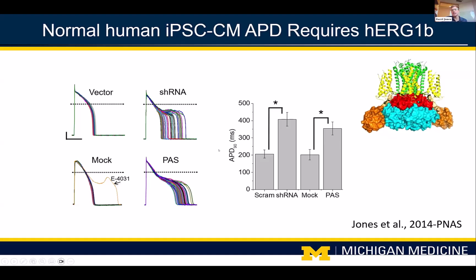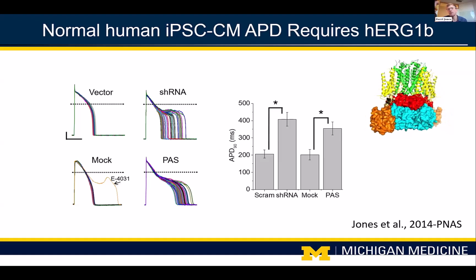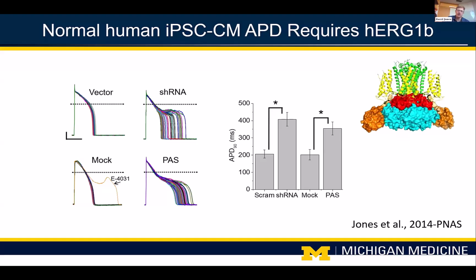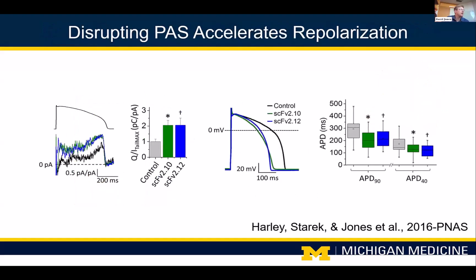So that tells us that not just the number of channels at the membrane, but the composition, the relative balance of 1A to 1B subunits, is important for normal repolarization in human cardiomyocytes. We can do it the other direction too, where using an antibody, in this case a single chain variable fragment antibody that binds to the PAS domain and inactivates it, prevents it from binding to its partner with the CNBHD.